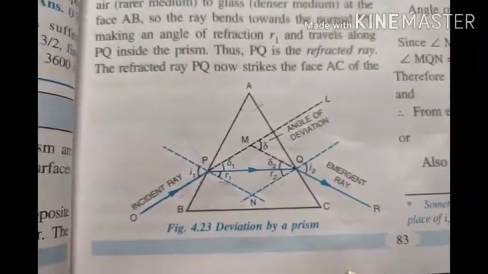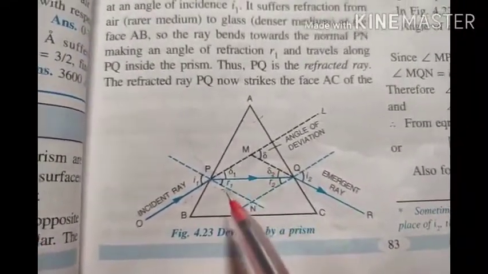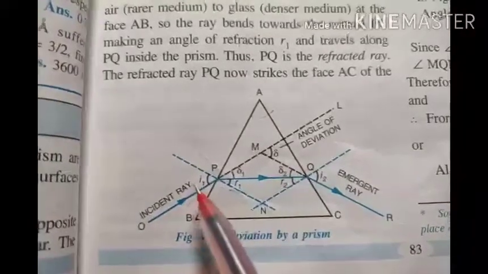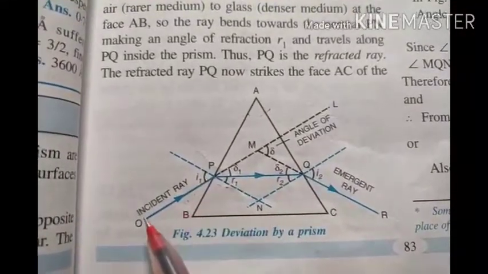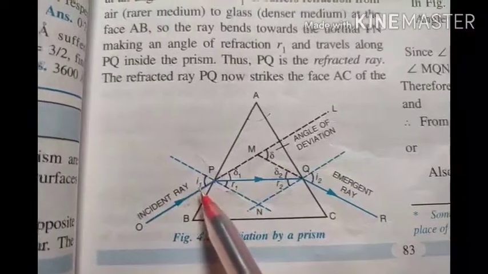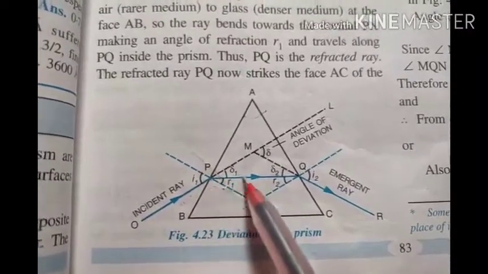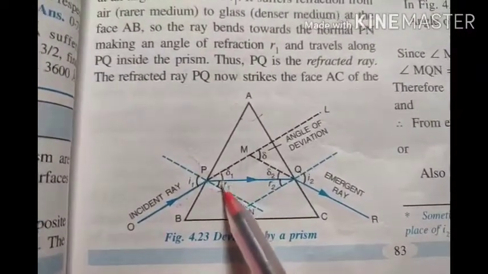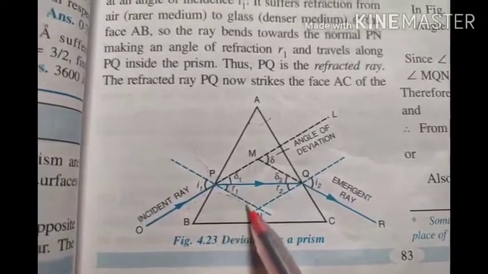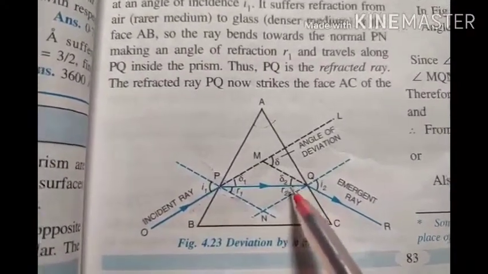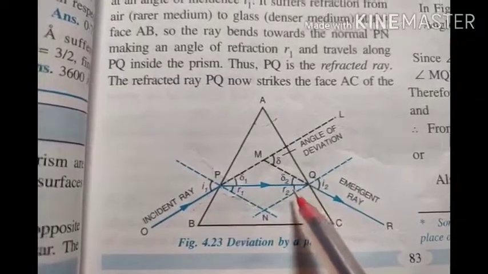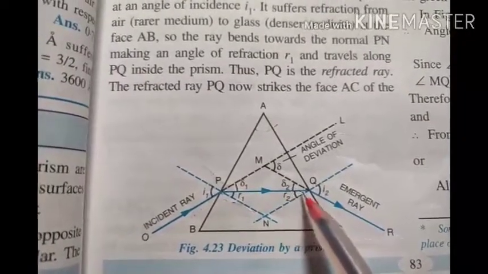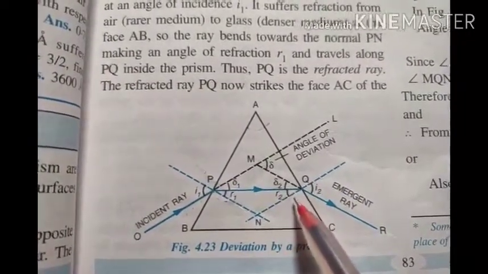As I was explaining, the refraction of light through the prism. I1 is the angle of incidence that the incident ray makes with the normal, and this is a refracted ray which makes an angle R1, the angle of refraction, with the normal. This refracted ray strikes at point Q, and the angle made by this refracted ray with this normal we call R2.